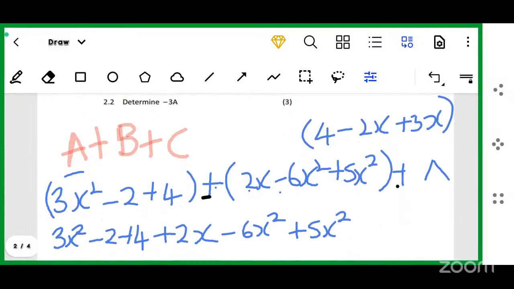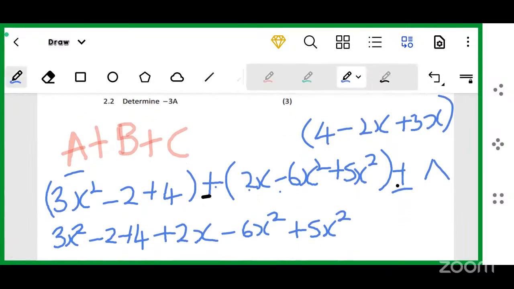What is positive multiplied by positive? Positive 4. What is positive by negative? A negative. Negative 2x. And what is positive by positive? Positive 3x.